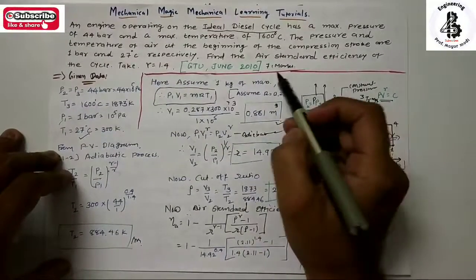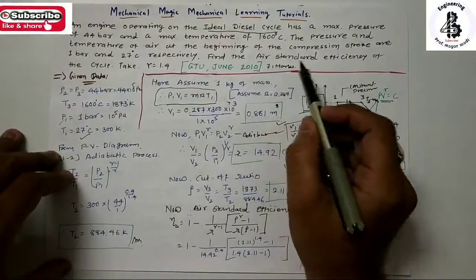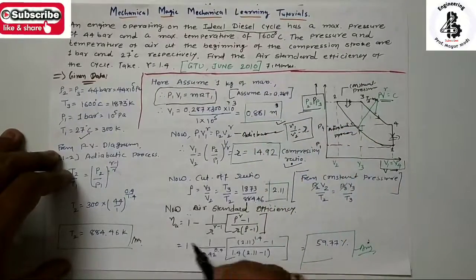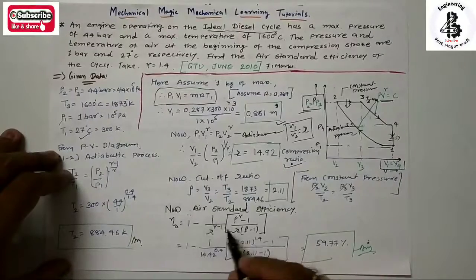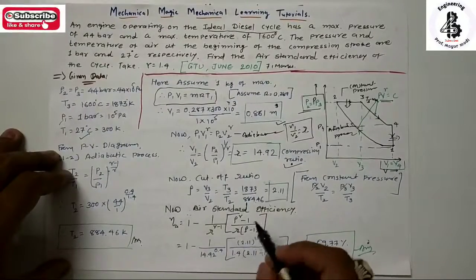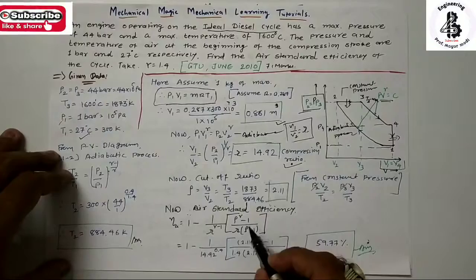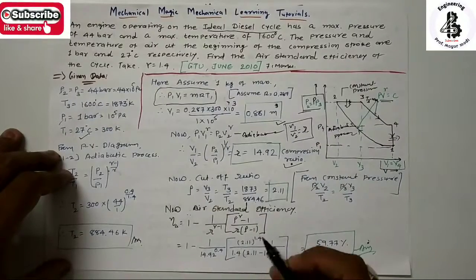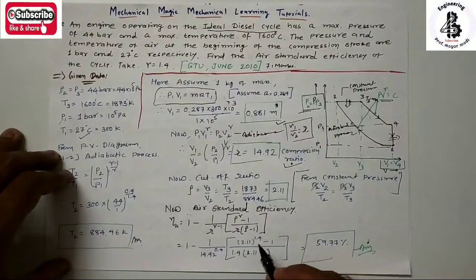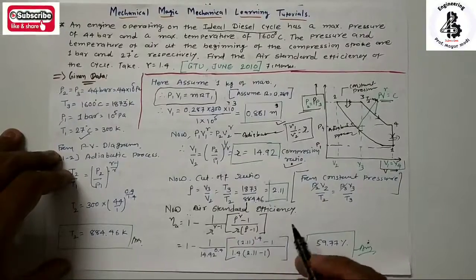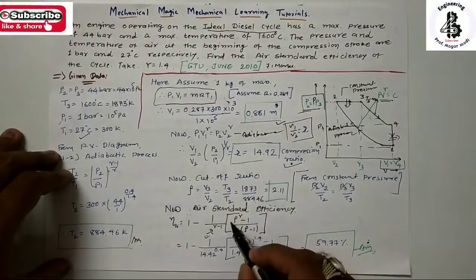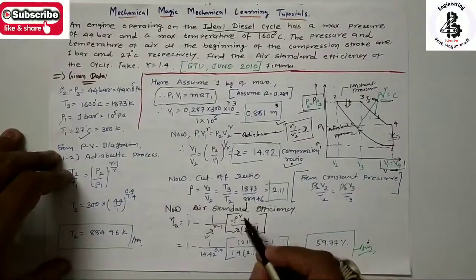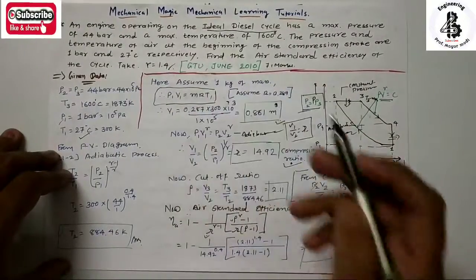Now the main question is, find the air standard efficiency of the cycle. So here the equation is 1 minus 1 upon r raised to gamma minus 1, in bracket, cutoff ratio raised to gamma minus 1 divided by gamma times rho minus 1. We have the compression ratio, cutoff ratio, and the value of gamma, 1.4.